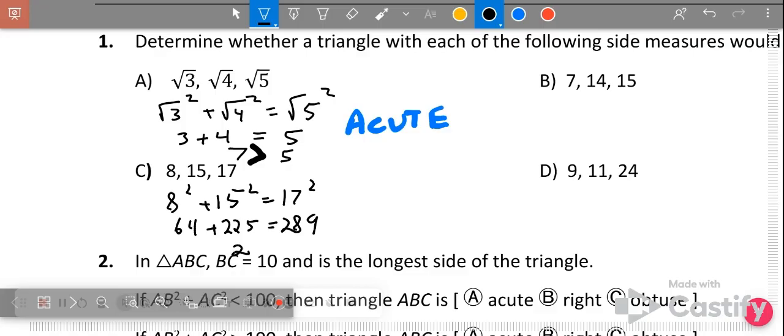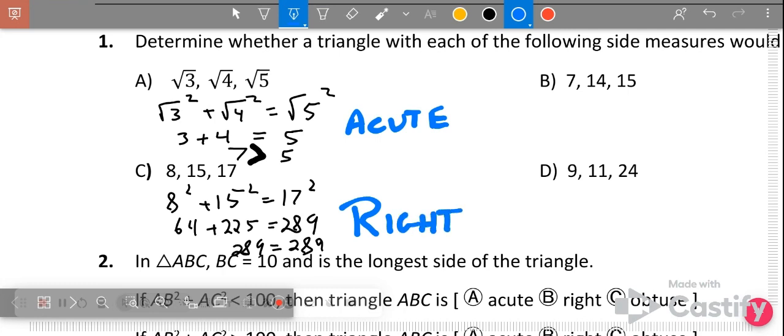And indeed, 289 is what those add up to, so 289 does equal 289. Because it is equal, or true, we say it is a right triangle. And you would do the same thing on parts B and D.